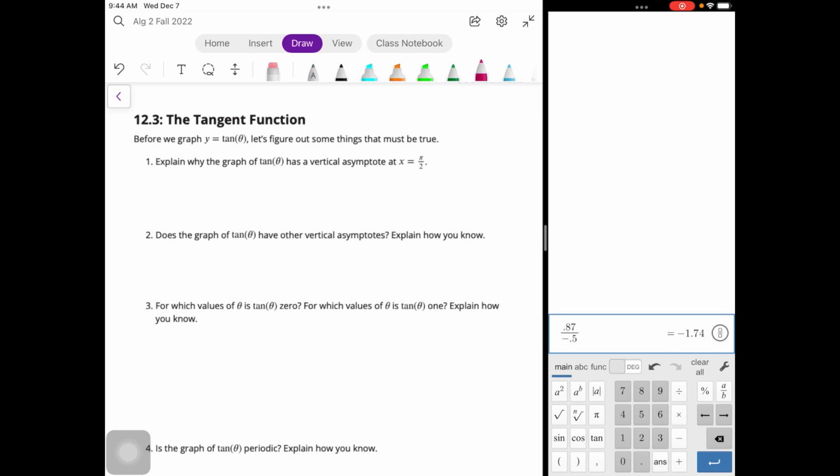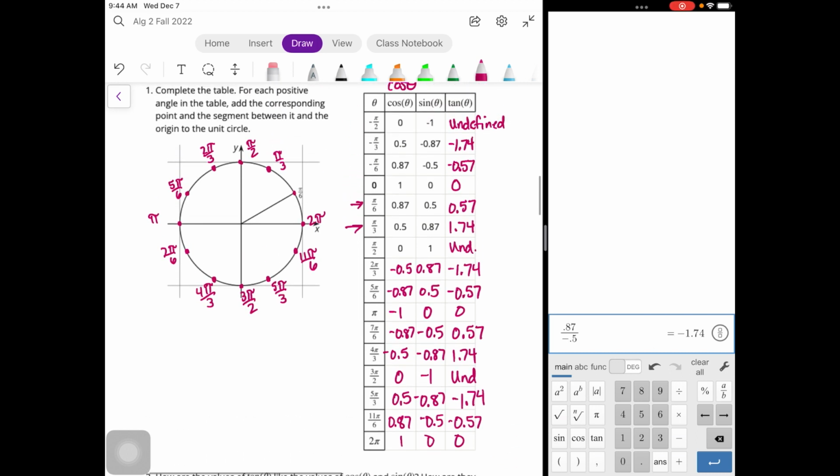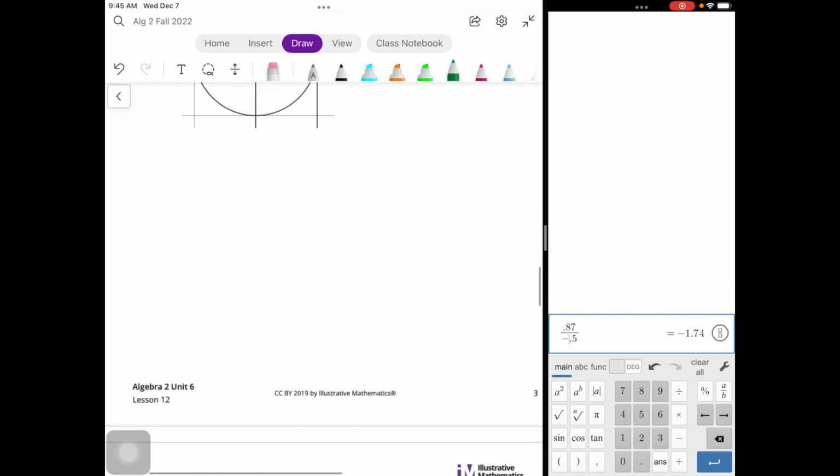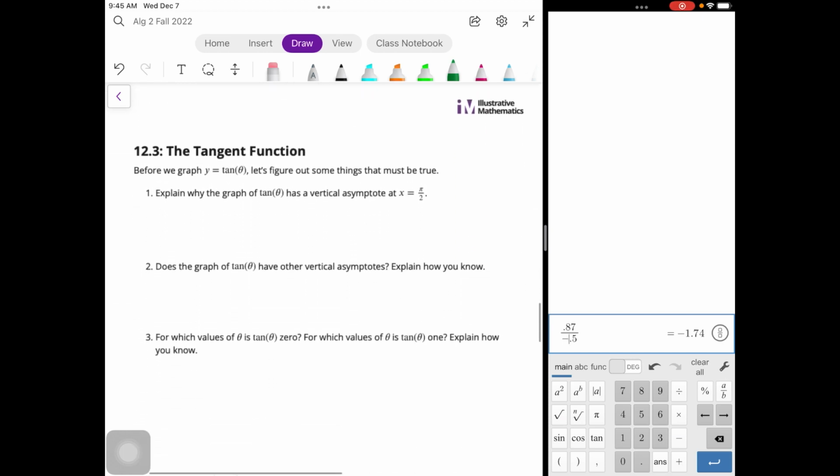Remember that here in our table, pi over 2 is here. And what do you notice about the tangent value? That tangent value is undefined, right? And so it has an asymptote at pi over 2 because it's undefined.